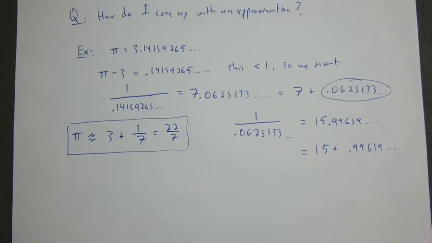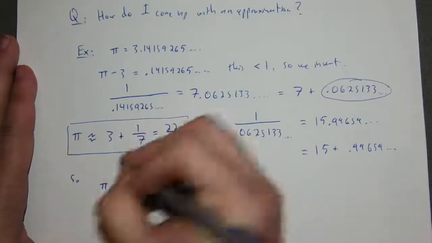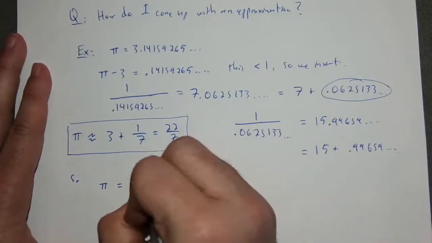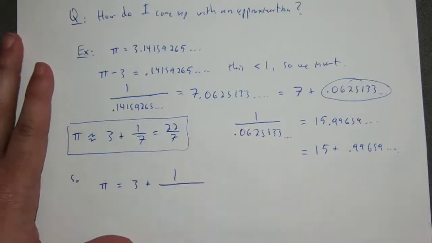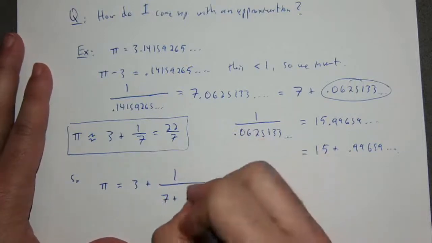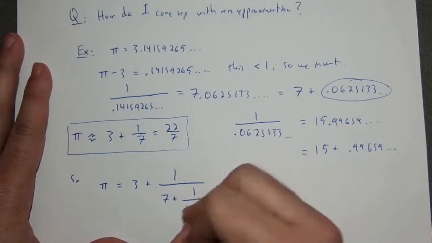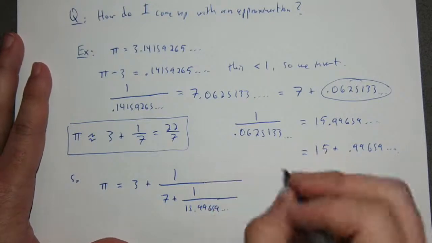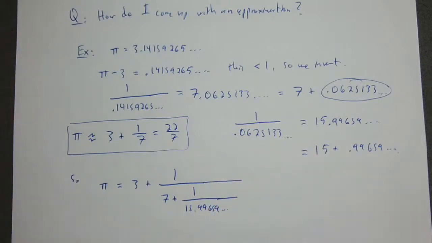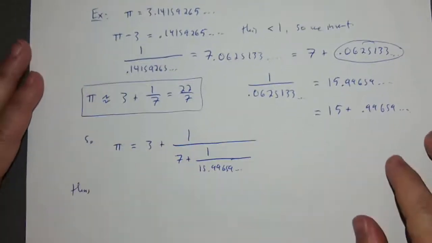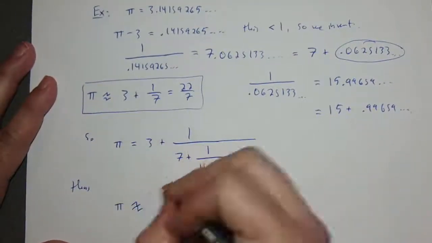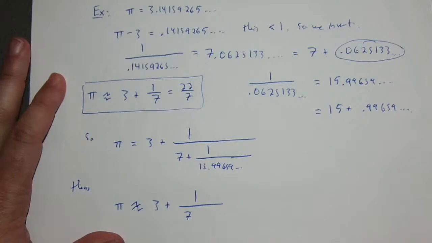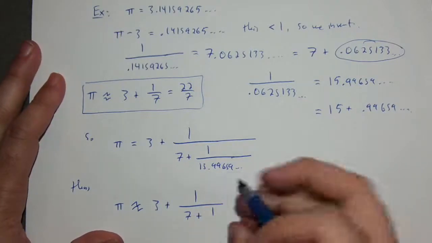Okay, so pi is equal to 3 plus 1 over 7 plus 1 over 15.99659 and so on, right? This is what pi is equal to. Thus, pi is approximately 3 plus 1 over 7 plus 1 over just the integer part of this, which is 15.